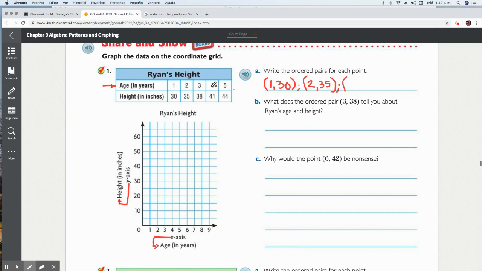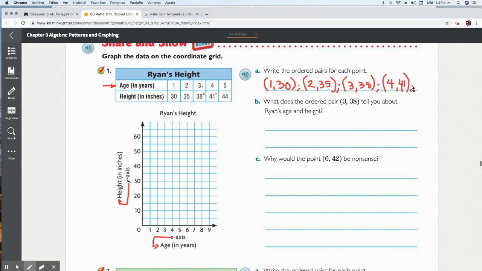Our next ordered pair would be 3 for the x-axis and 38 for the y-axis. So he did not grow that much between 2 and 3 years. He just grew 3 more inches. The next one would be 4 for the x-axis and 41 for the y-axis.